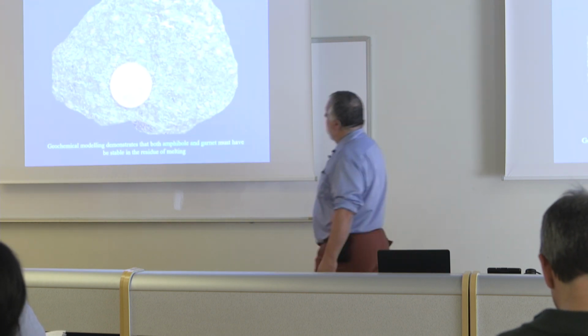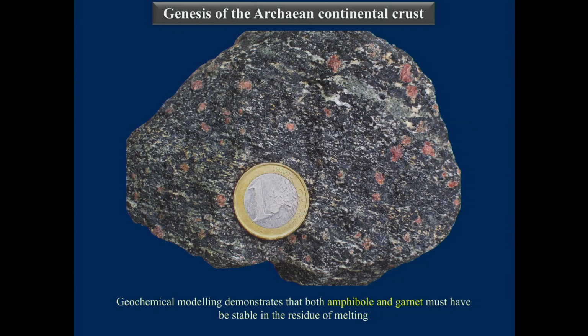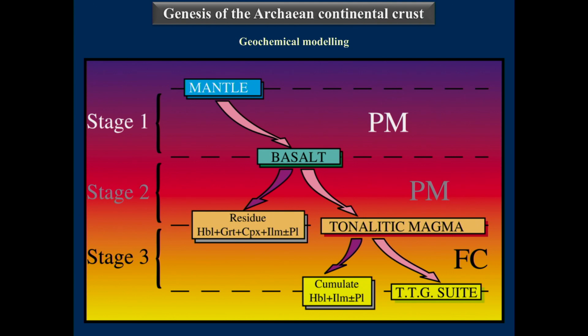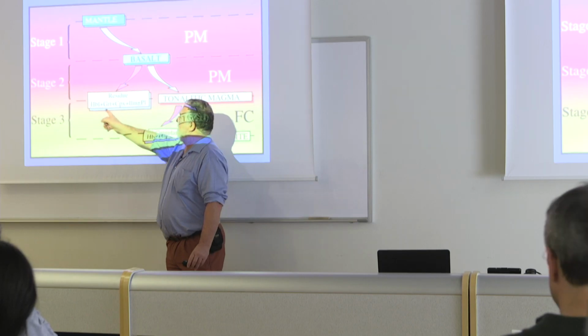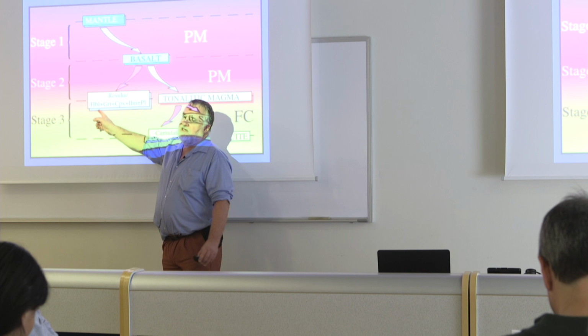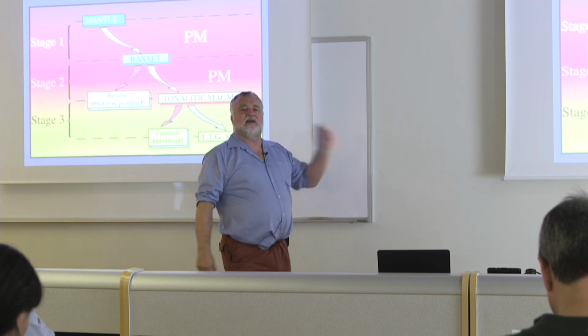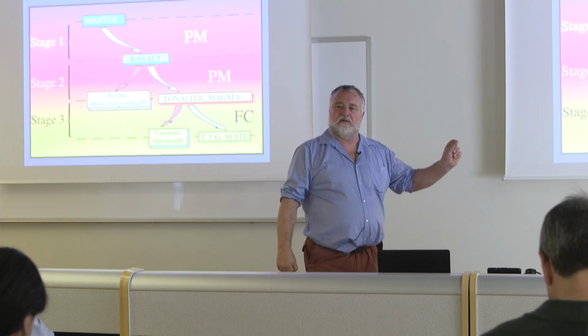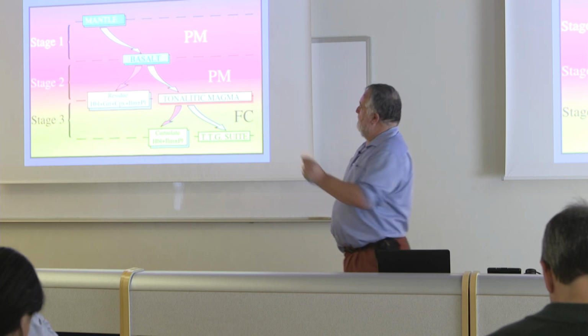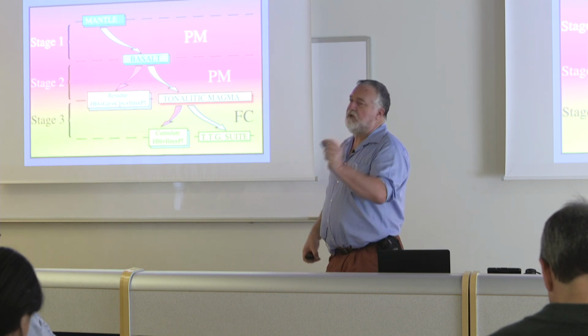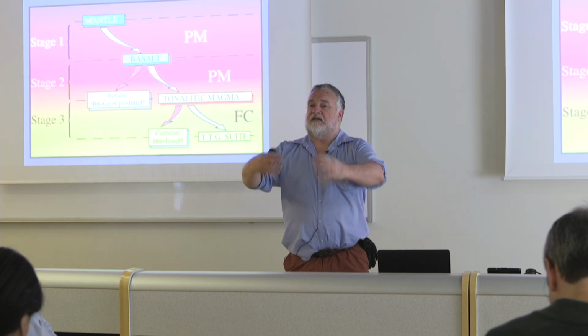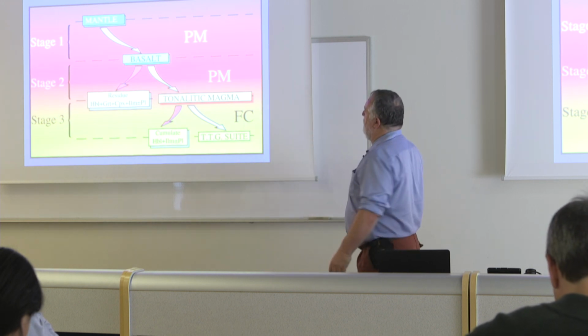So, okay, an important point also that we will discuss a lot of times is that, in order to explain this, we need the presence of two minerals in the residue of melting. These two minerals are garnet and amphibole. About komatiite, we discussed garnet that accumulates heavy rare earths.